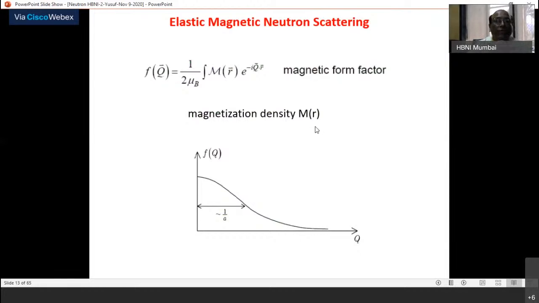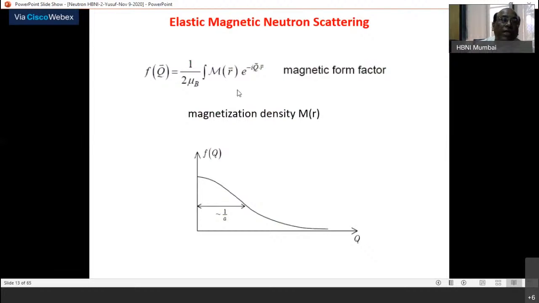So magnetization density, this is the real space I am talking about. That means you are really looking at a magnetic atom or ion, and looking at the magnetization density. If you are talking about iron, Fe pure or Fe2+, you are looking at the 3d shell. What is the magnetization density distribution in real space?